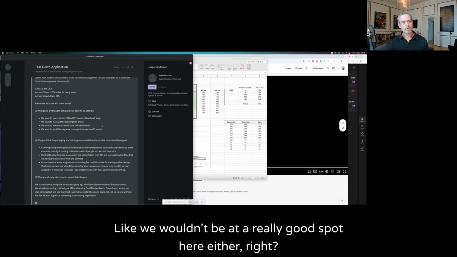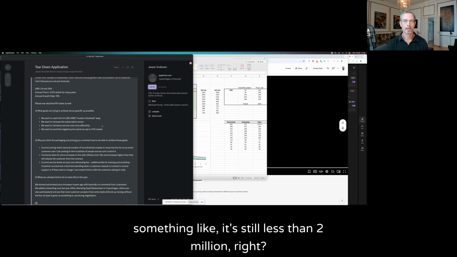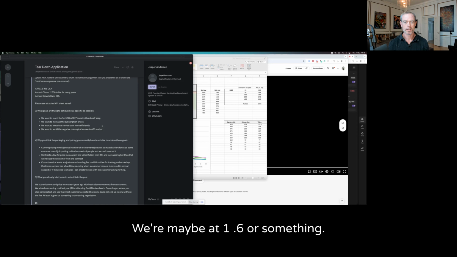We wouldn't be at a really good spot here either, right? Because now maybe our threshold for where we can grow is still less than 2 million, right? We're maybe at 1.6 or something. So it isn't very investable.